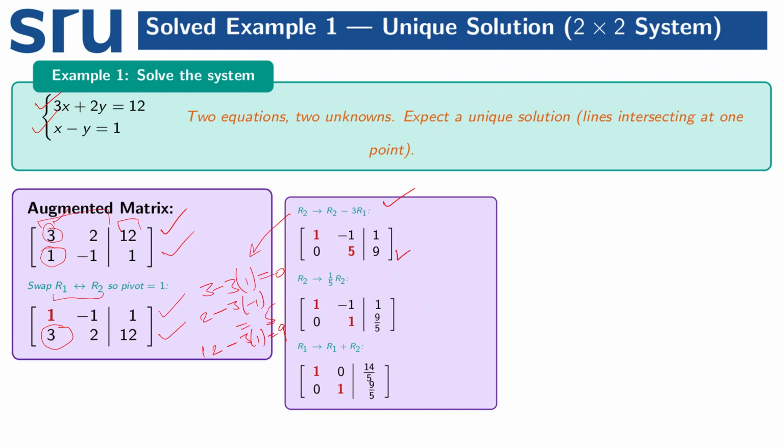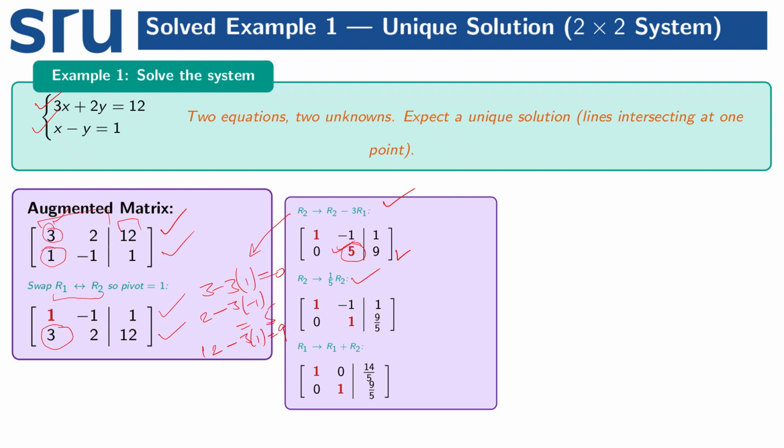Next, now we'll go to row 2, in which the first non-zero entry is 5. This is the pivot entry. We want it to be 1 here. So we shall divide row 2 by applying the operation 1 by 5 R2, which means I have multiplied the whole row 2 with 1 by 5 so that this pivot entry becomes 1.